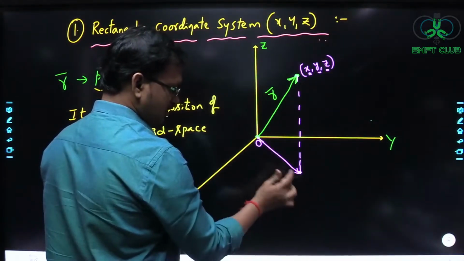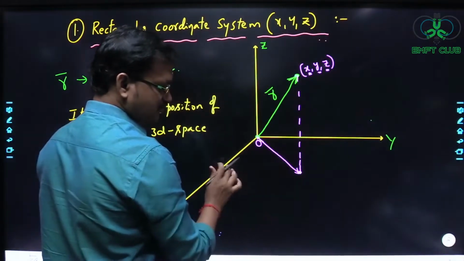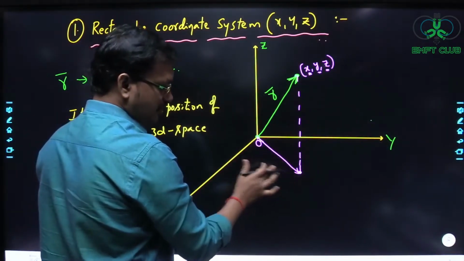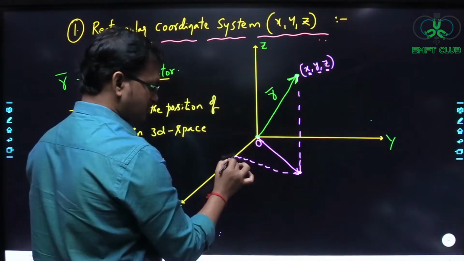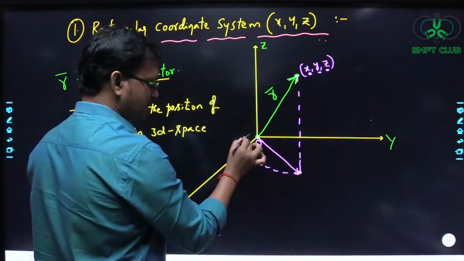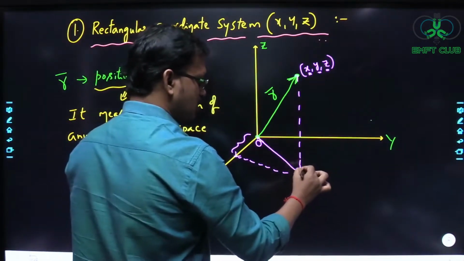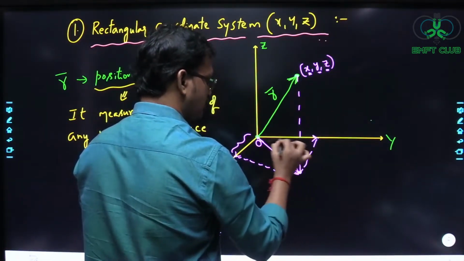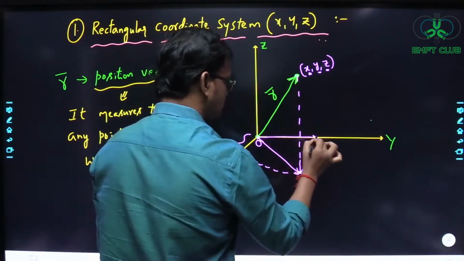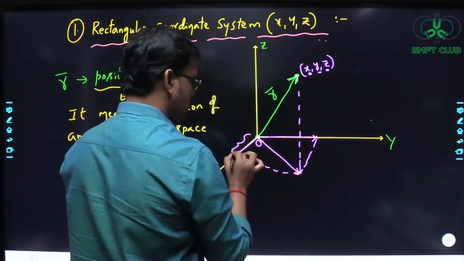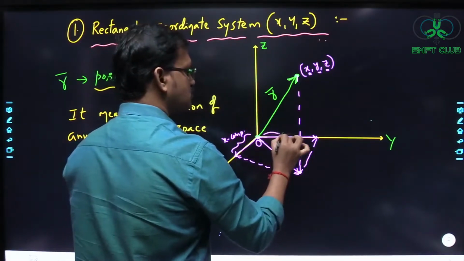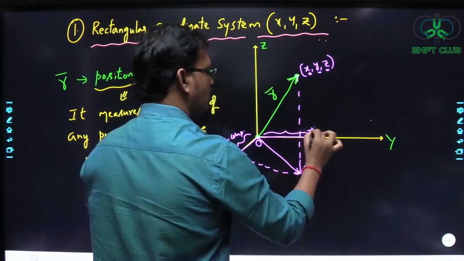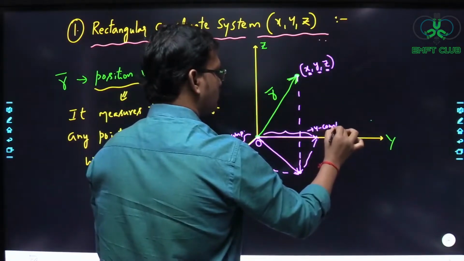Now this vector is in the xy plane. Yes or no? This vector can be resolved into two components: one along the x direction and another along the y direction. This is called the x component and this is called the y component.